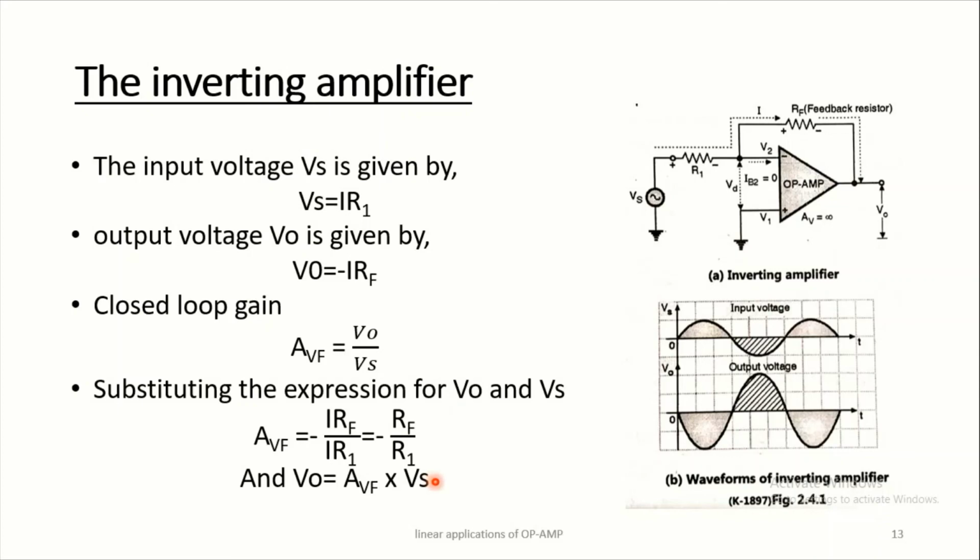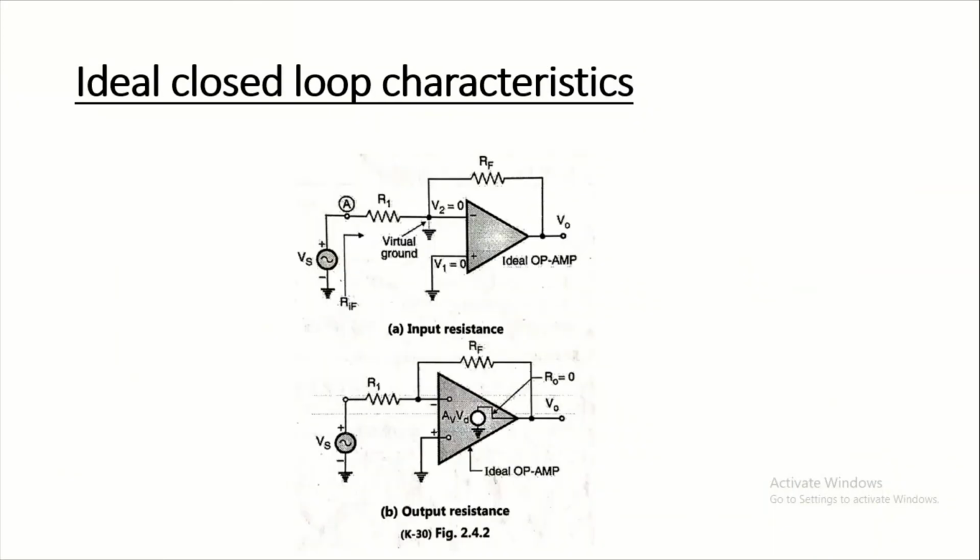The next topic is ideal closed loop characteristics. We have already obtained the value of ideal closed loop gain. Now let us obtain the ideal closed loop input resistance and output resistance values.